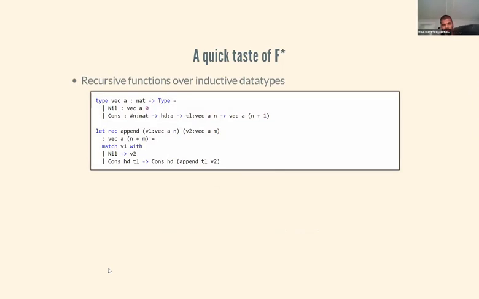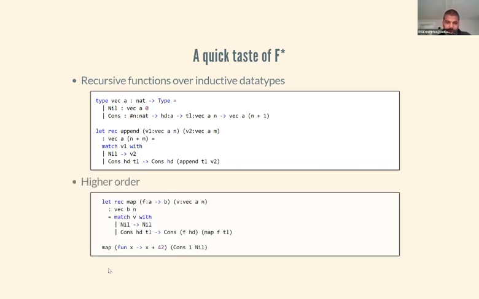So, a quick taste of F*. At some level, the syntax looks like OCaml, but with types that are richer. So here is a classic recursive function over an inductive data type describing a length-indexed vector. I'm going to go pretty quickly, so do interrupt me if you have questions.